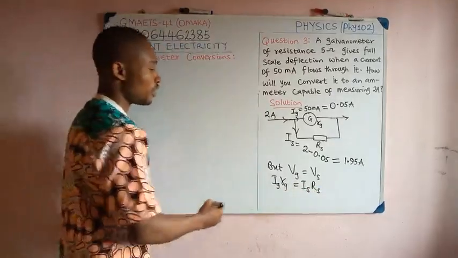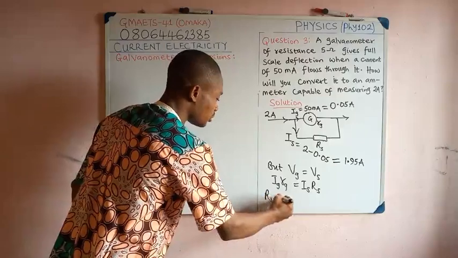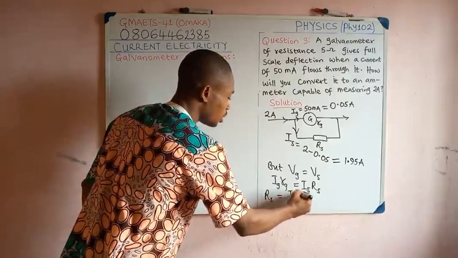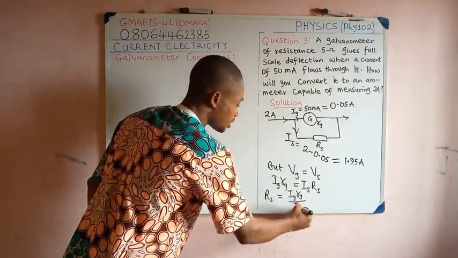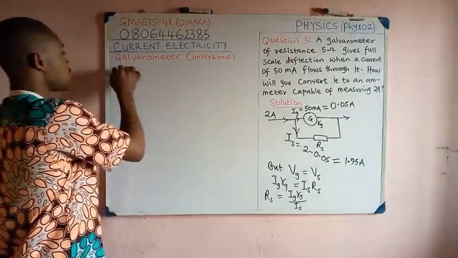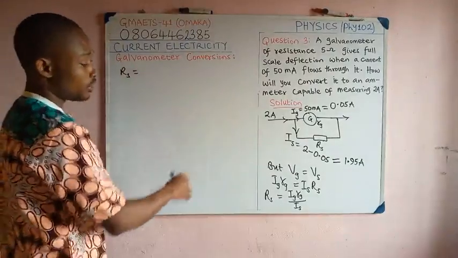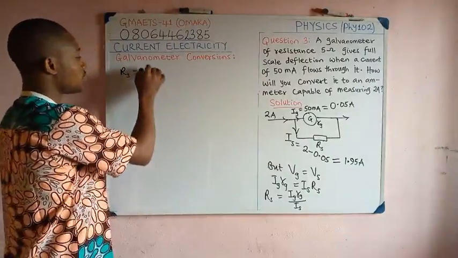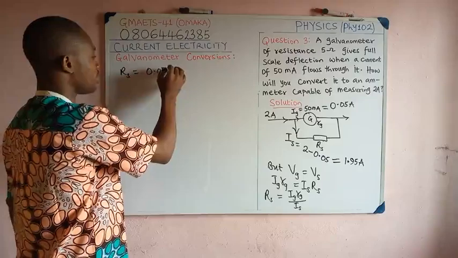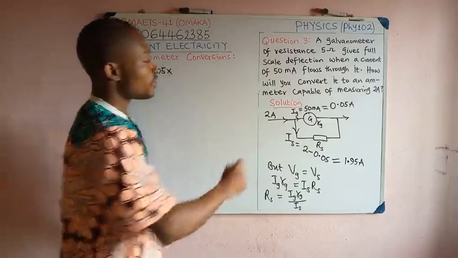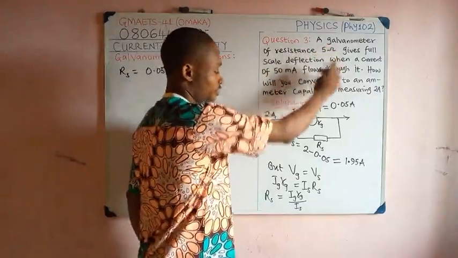So we can substitute here and make the resistance of the shunt the subject of the formula, which is what we are looking for. That's going to be IgRg divided by Is. I think we can substitute now. We know the value of those terms on the right hand side. Current through the galvanometer is 0.05. We're going to multiply it by the resistance of the galvanometer, which is 5 ohms, given.